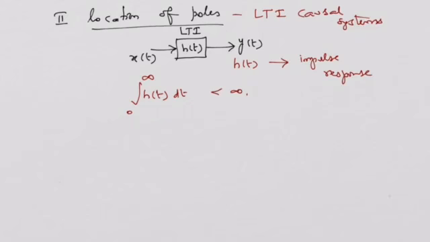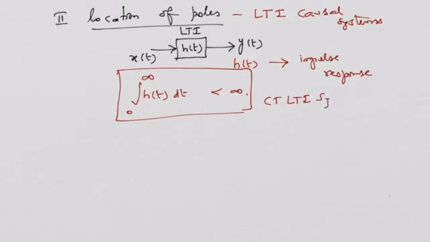So, for a continuous time CT LTI causal system to be stable, the condition to be satisfied is that the integral from 0 to infinity of |h of t| dt should be a value less than infinity.